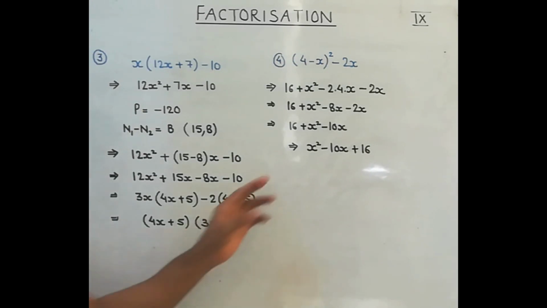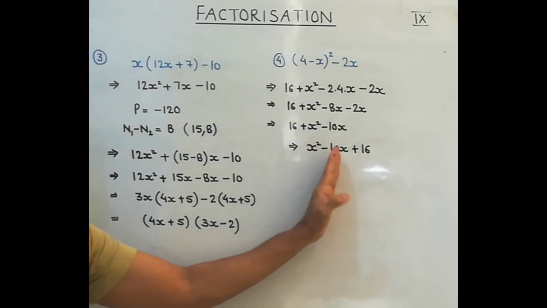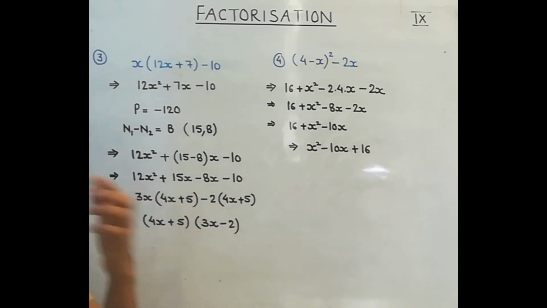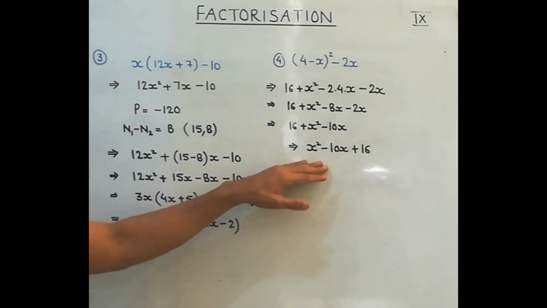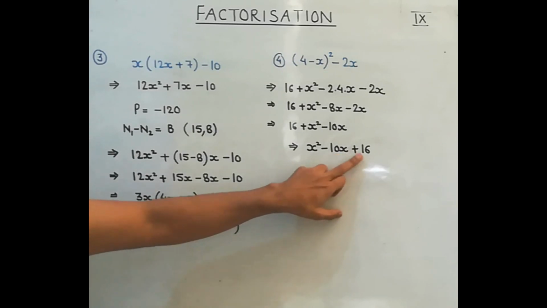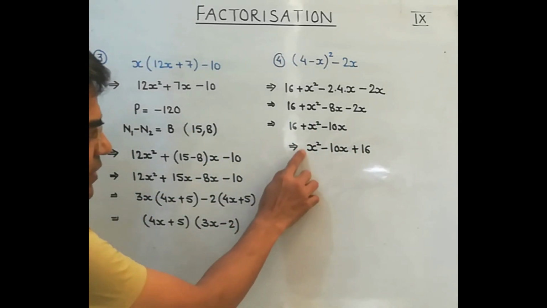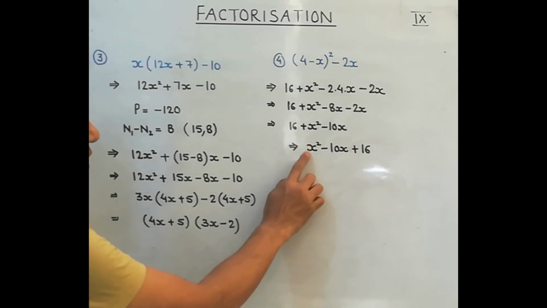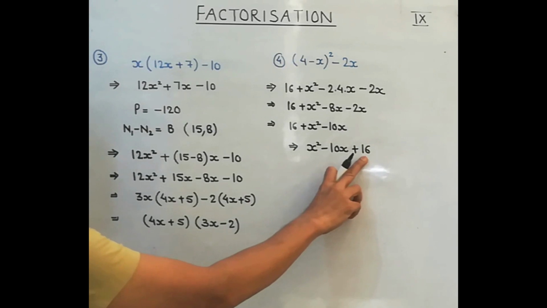Remember, your arrangement should be such that either the power of x is in decreasing order or in increasing order. There should be one order, whether increasing or decreasing. Now after arranging it, we can say it is in the form ax square plus bx plus c. Now how much is a over here? a is 1, the coefficient of x square, and c is 16.